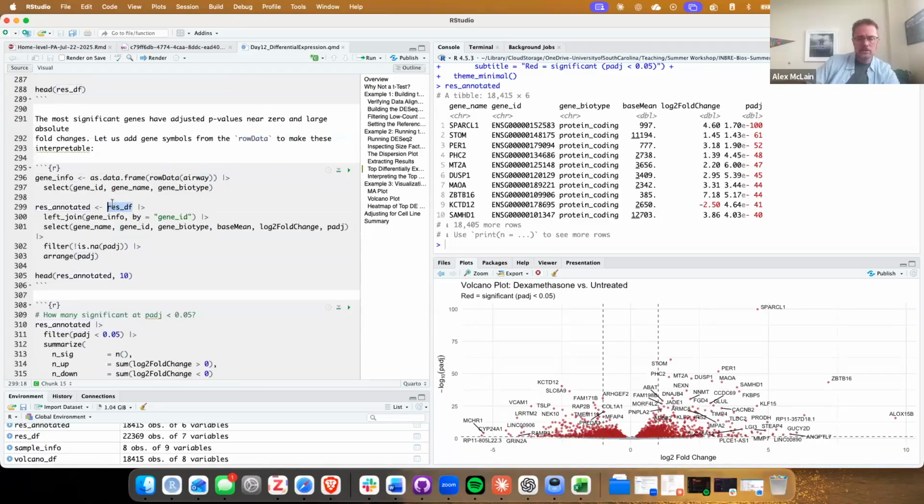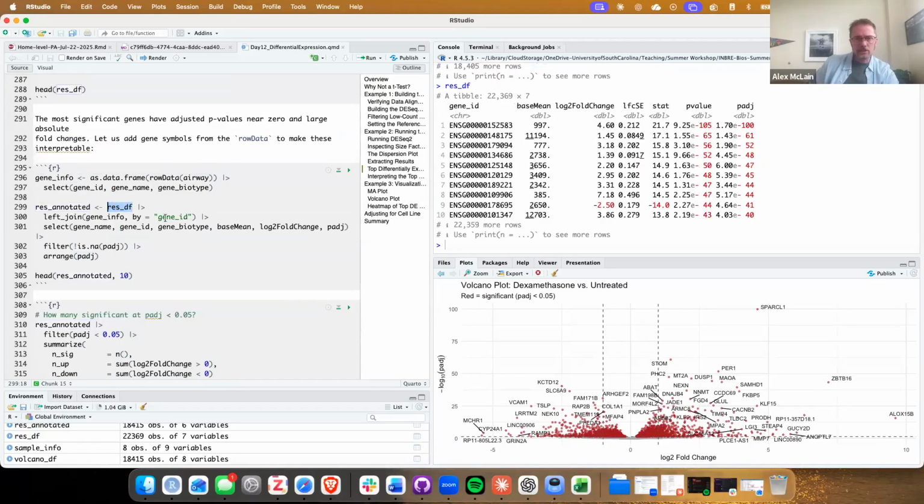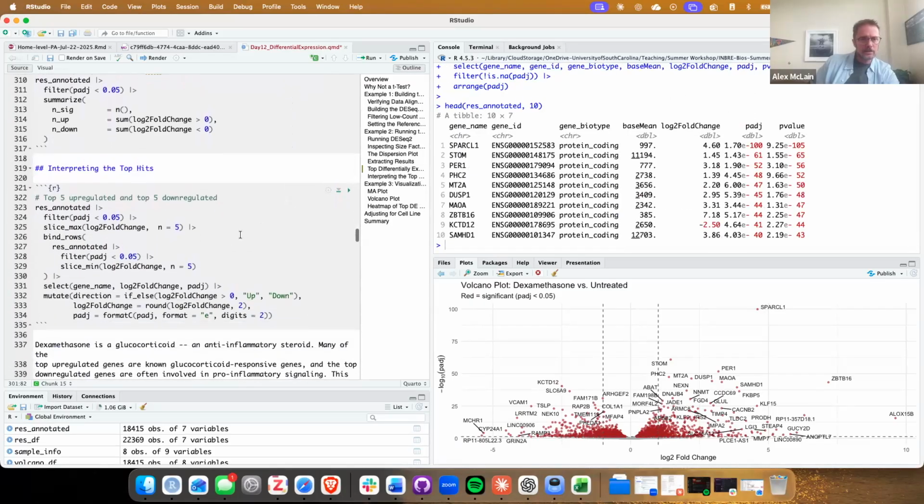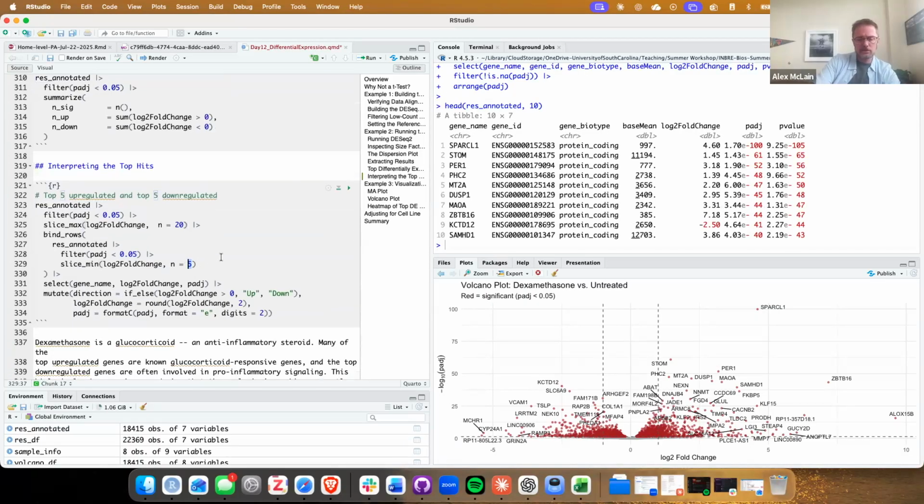So I want to add the unadjusted p-values to these results. Rerun this. And then let's look at the top 20 in terms of log fold change. And I'm going to add the regular p-values here.